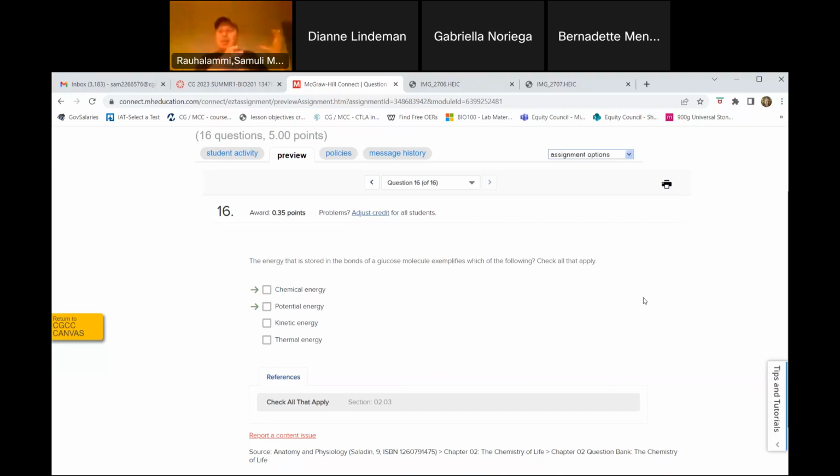So chemical energy, because we can break these glucose molecules into smaller and smaller pieces, releasing energy from the sugar for your body to do its job, for example, as we see in the mitochondria that produce ATP. But it's also potential energy, because this energy that's stored in the glucose can become something, but it's not becoming yet.